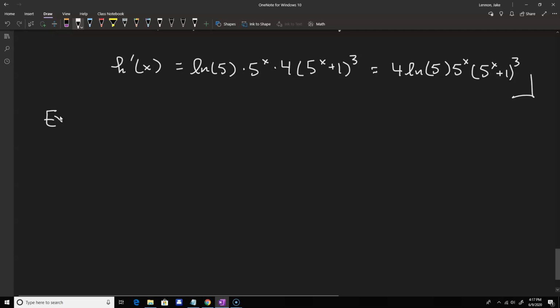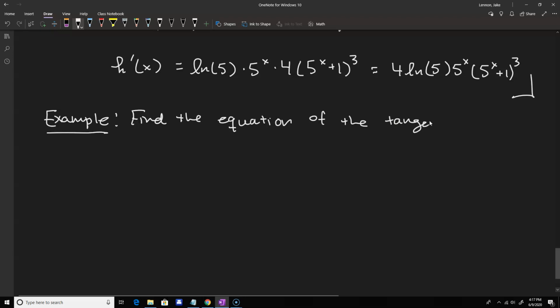So let's look at some examples. Let's find the equation of the tangent line to the curve at the given point.